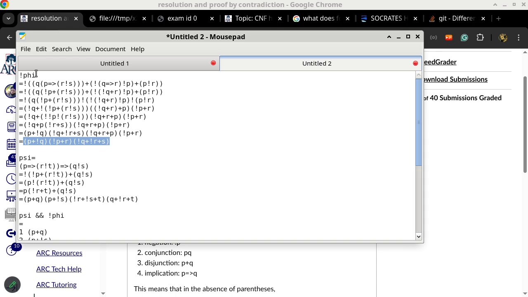This is the CNF corresponding to the negation of phi. Well, phi and not phi is definitely going to resolve to zero. Those two, for sure will resolve to zero, just by looking at the expression. Yeah, but you have to combine not phi and psi, and you want to see if that can resolve to zero. Yep.